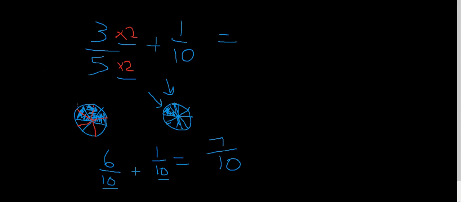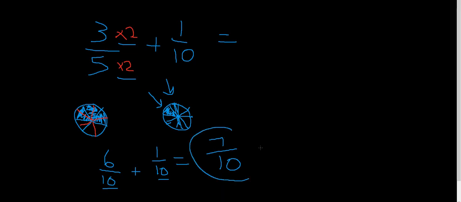Now that we have that down, we'll notice that each of our pizzas is cut into tenths, 10 equal pieces. This pizza was already cut into 10 equal pieces. So now adding pieces makes sense because the pieces are the same size. So now we can say 6 tenths plus 1 tenth. I would have 7 tenths, 7 pieces of pizza of size 1 tenth.